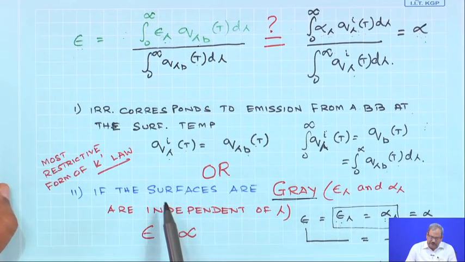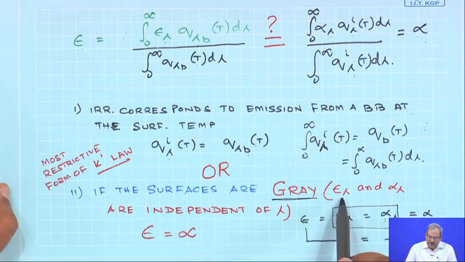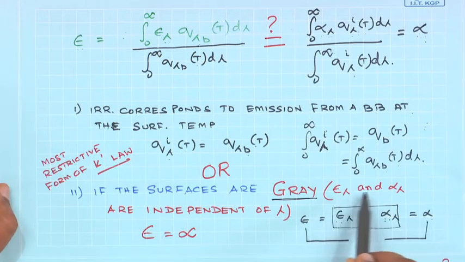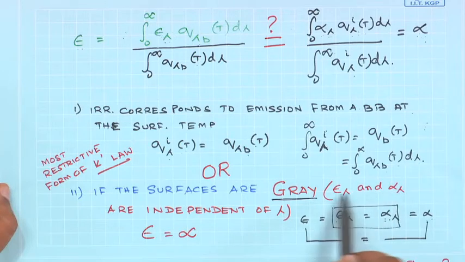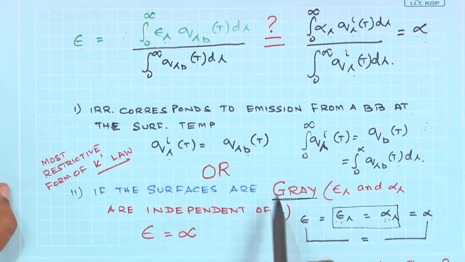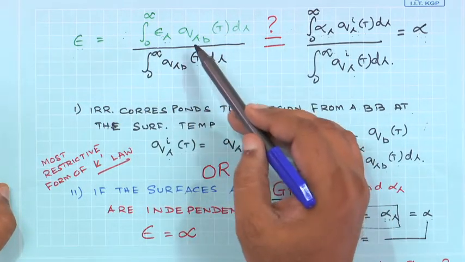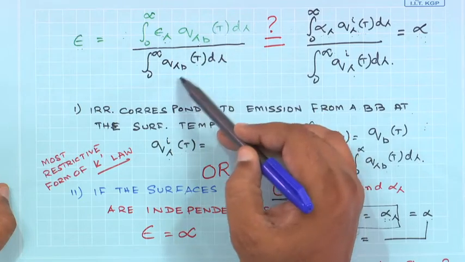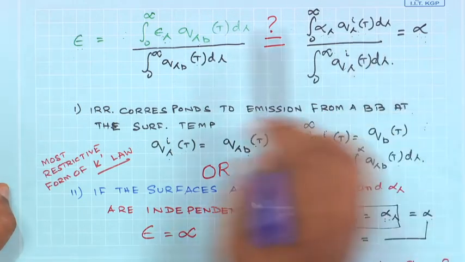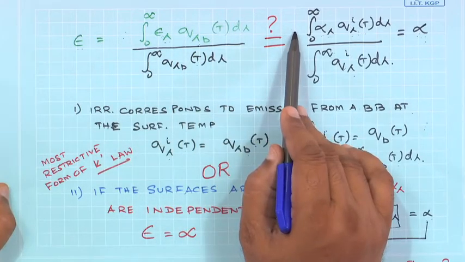Secondly, if we can say that the surfaces are gray, that is a new kind of surface in which epsilon lambda and alpha lambda are independent of lambda, that means the spectral emissivity and spectral absorptivity are independent of wavelength, then they can simply be taken outside, and then the numerator and the denominator will simply cancel out, leaving epsilon lambda on this side and alpha lambda on this side.